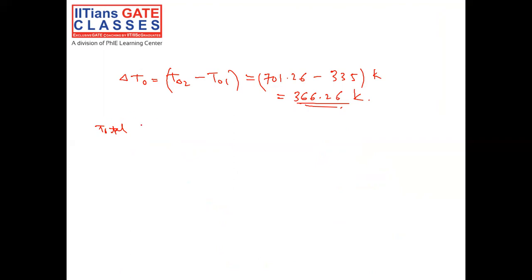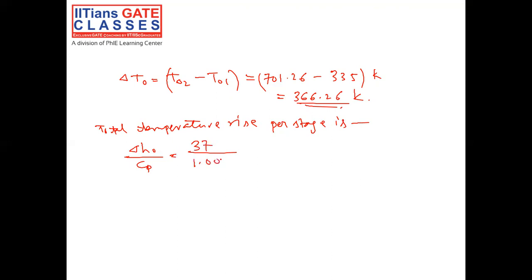So the total temperature rise per stage is the enthalpy rise divided by CP, which is equal to 36.81 Kelvin.